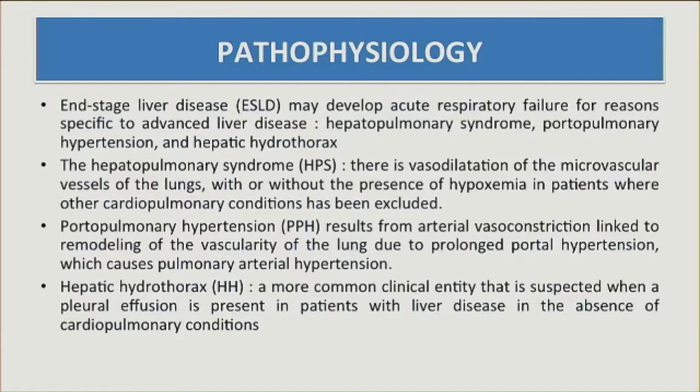On the other side, portopulmonary hypertension is the result of increased arterial vasoconstriction in the lung due to prolonged portal hypertension, related to pulmonary artery hypertension. And hepatic hydrothorax is the most frequent lung abnormality, for me as a pulmonologist, that we find in patients with end stage liver disease.